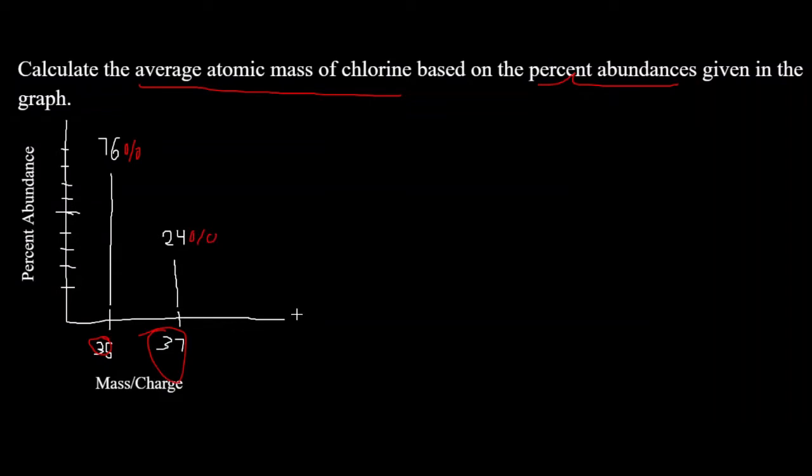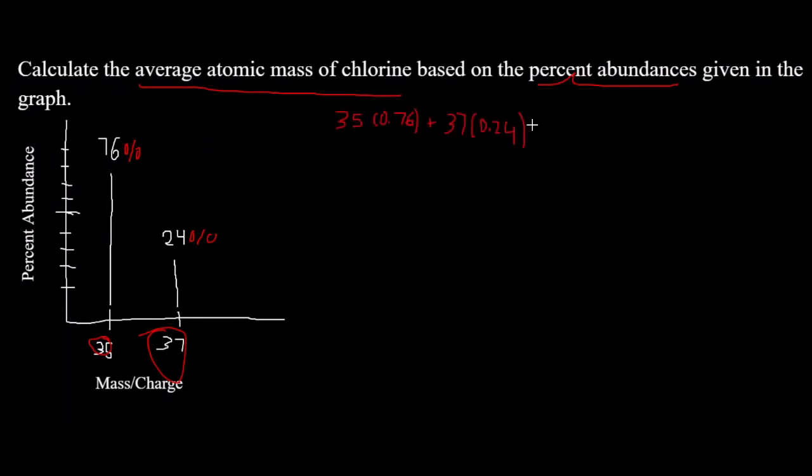Now this is where most people get tricked. When you're finding average atomic mass, you are not just adding 35 and 37 and dividing it by 2. You have to multiply the mass by its percent abundance and then add it to the other masses times their percent abundances. So for this one, we would have this formula right here.